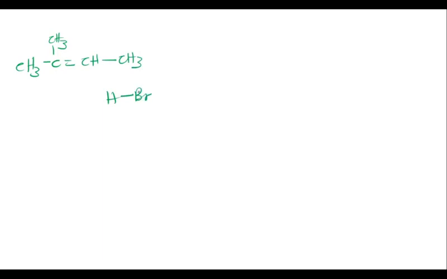In the first step of this reaction, we have the protonation of the double bond to form a more stable carbocation. Like I said, the double bond over here is an electron rich center, and in this bond the hydrogen has a partial positive charge, and the bromine has a partial negative charge.